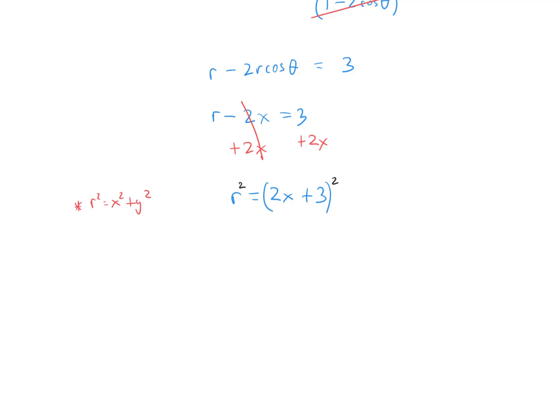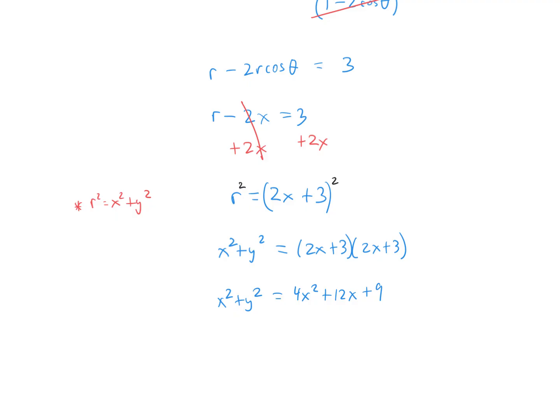So now we can use that to replace r squared with x squared plus y squared on the left side. The right side, we can expand this out since it's to the second power. So once you've expanded that out, you should get 4x squared plus 12x plus 9.